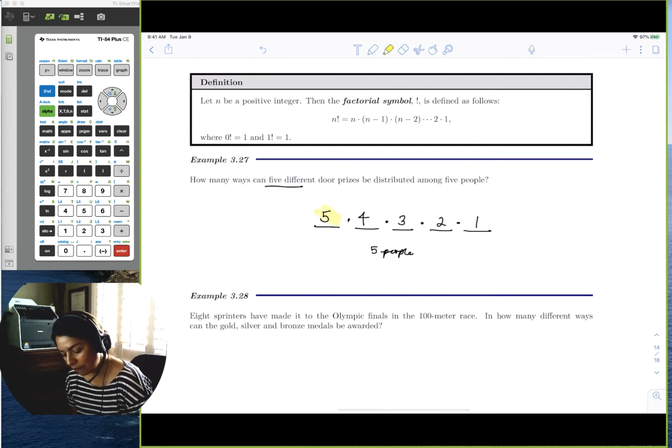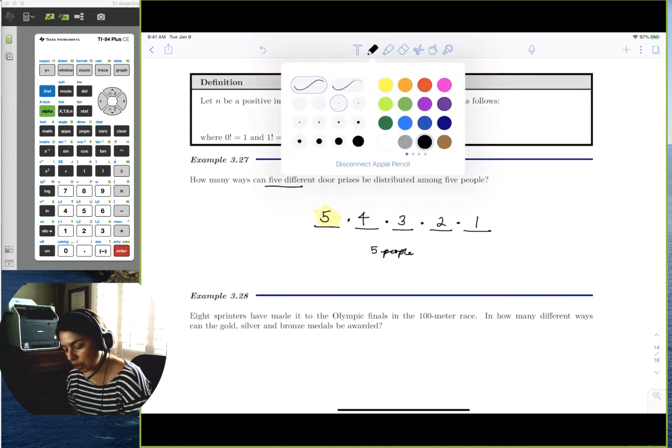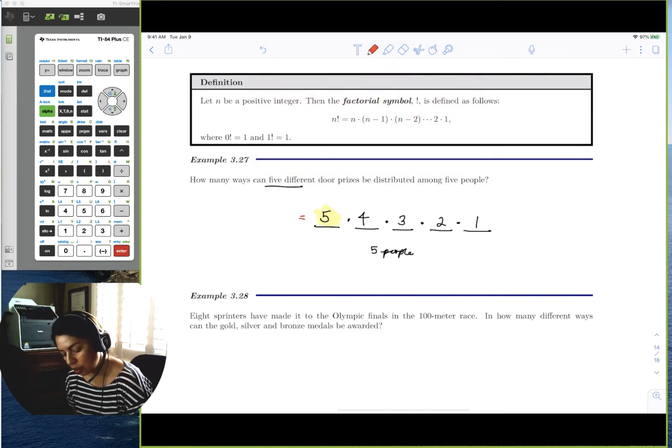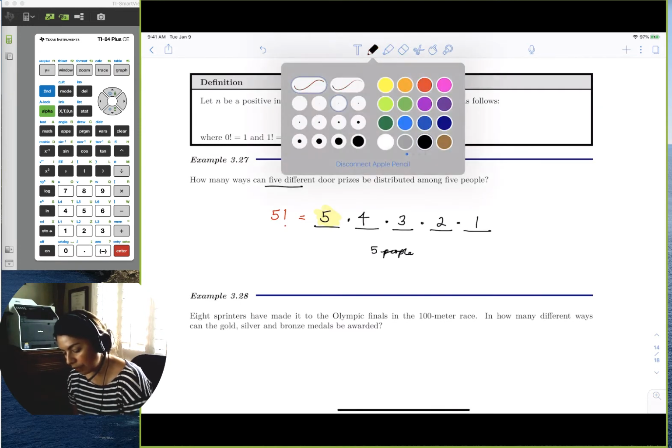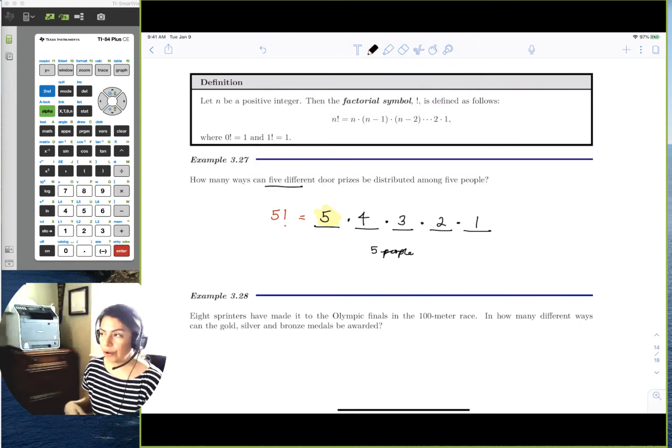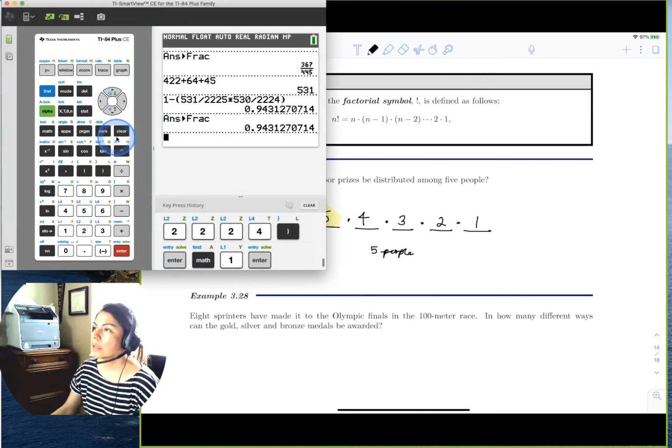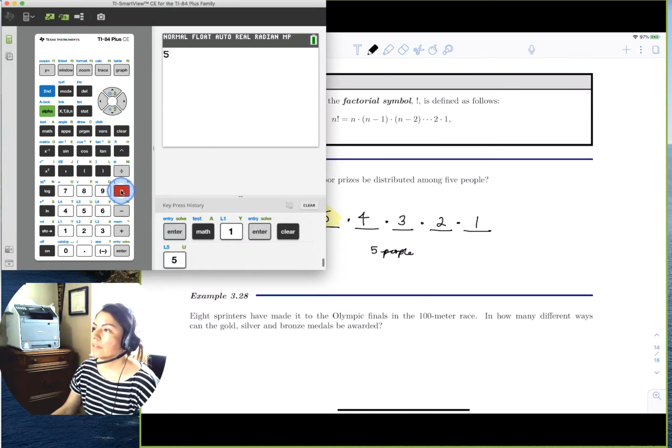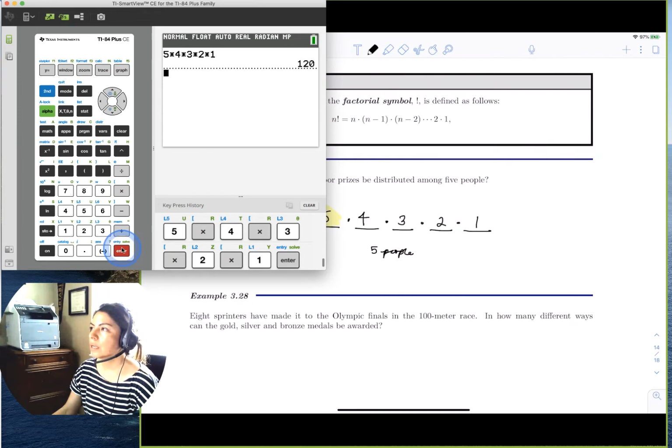Well, 5 is the very first one, so we call this 5 factorial. If I put this in the calculator, I could put in 5 times 4 times 3 times 2 times 1.